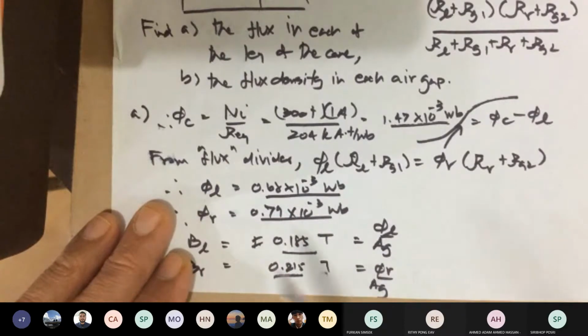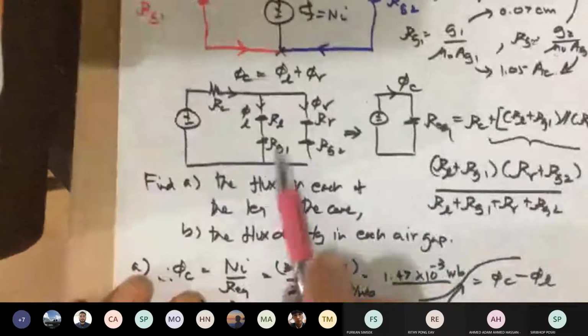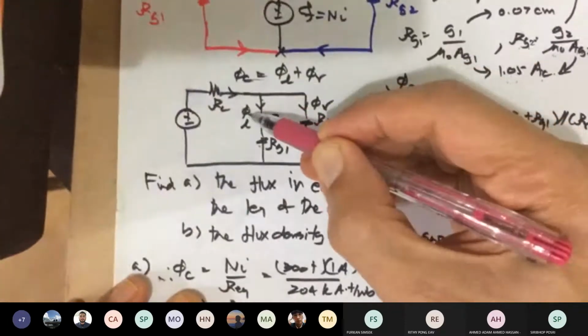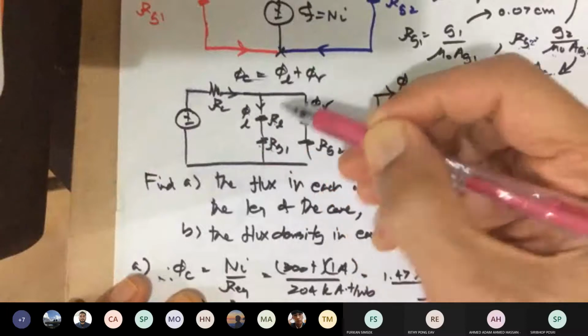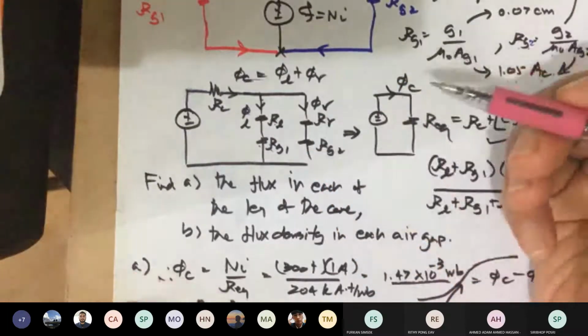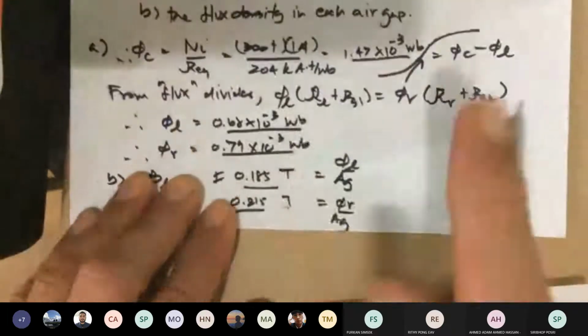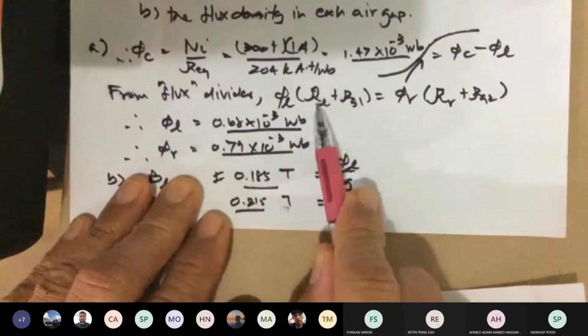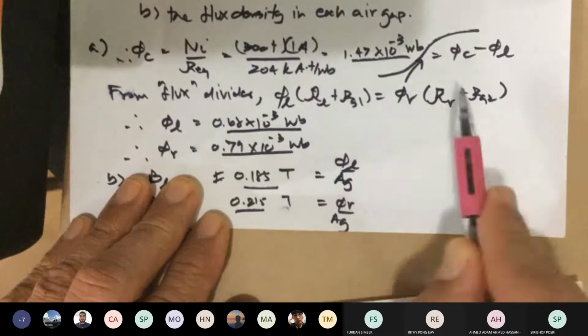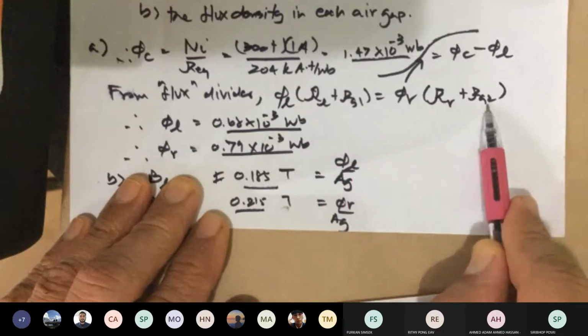You treat a flux like a current. So that means based on this magnetic circuit, the left flux times RL plus RG1 must equal the right flux times RR plus RG2.